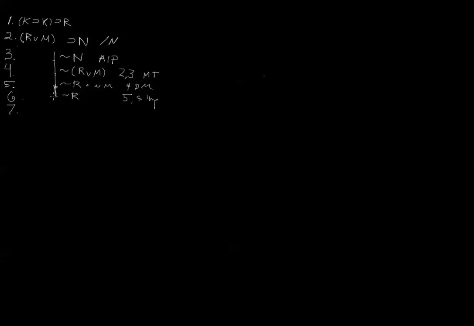And if we have not R, then we can deny the antecedent from premise 1. This gives us not K, therefore K. So we can keep doing this. 1, 6, modus tollens.